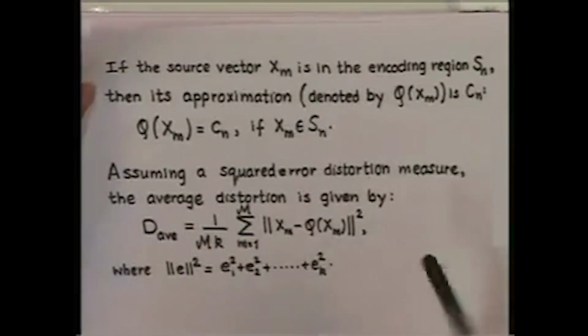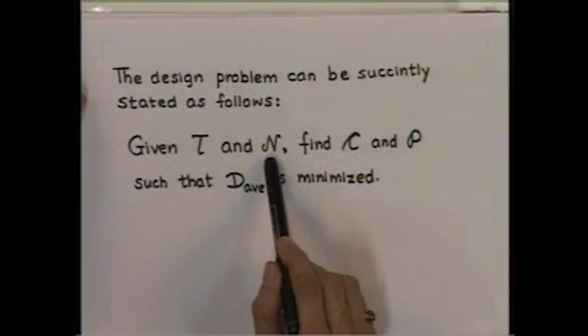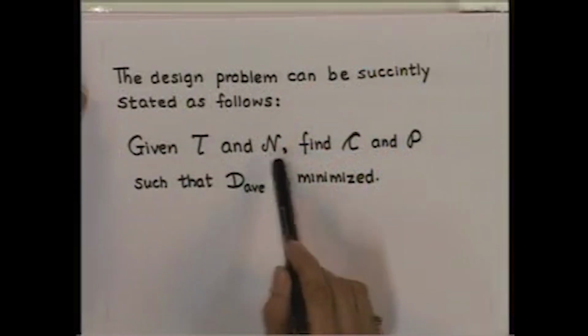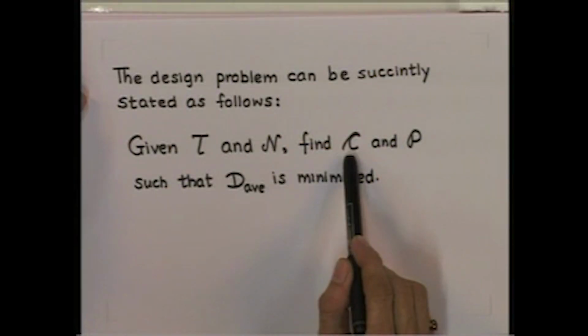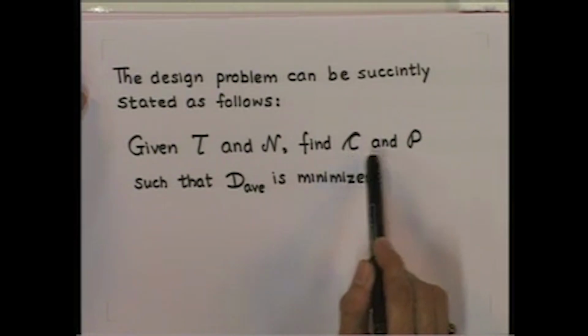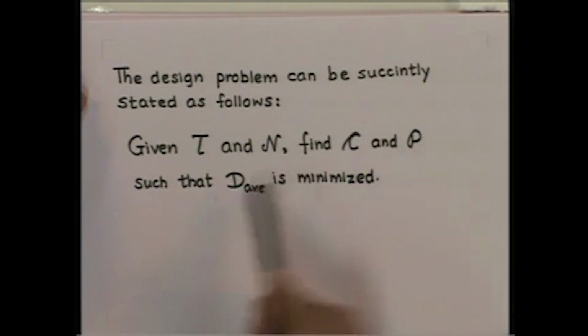So, given this, the design problem can be succinctly stated as follows: given the training sequence and the size of the codebook, that is n, find the codebook, that is the set C, and the partition P such that the average distortion is minimized.